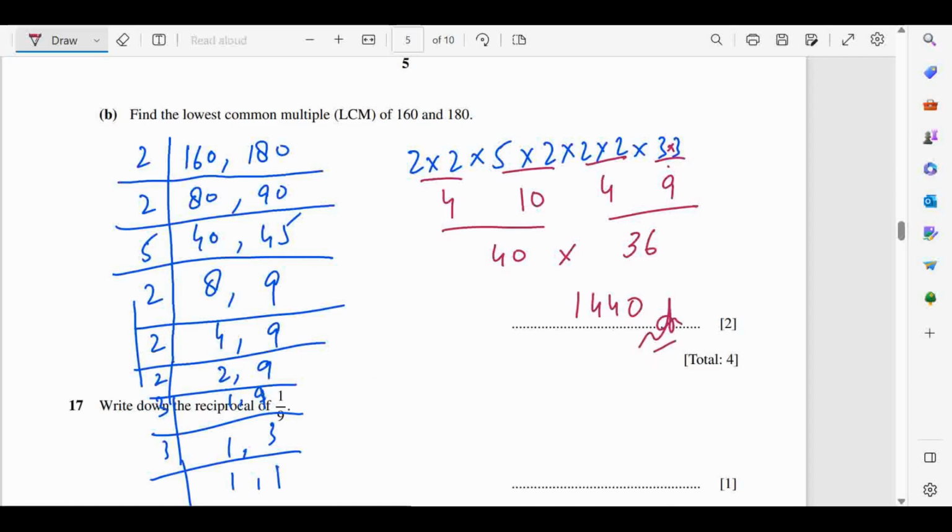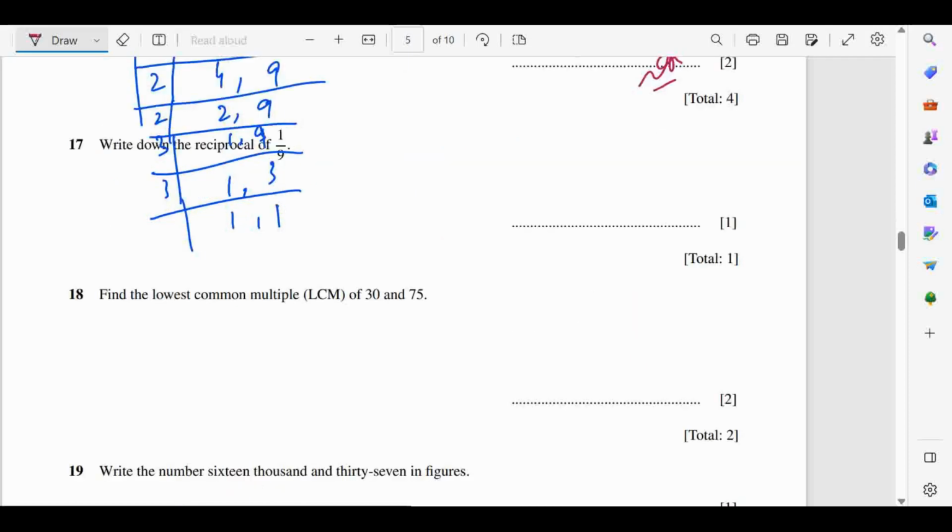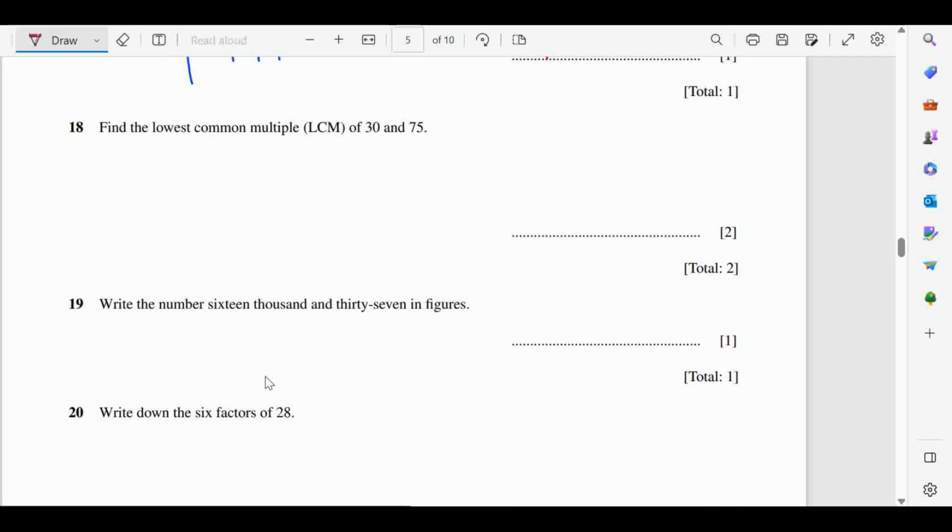Let's move to the next question, question number 17. Write down the reciprocal of 1 by 9. So the reciprocal of 1 by 9 will be 9. Find the lowest common multiple. Again we need to find out the LCM. For the LCM we can do it like this: 30 and 75. We can start from 3.